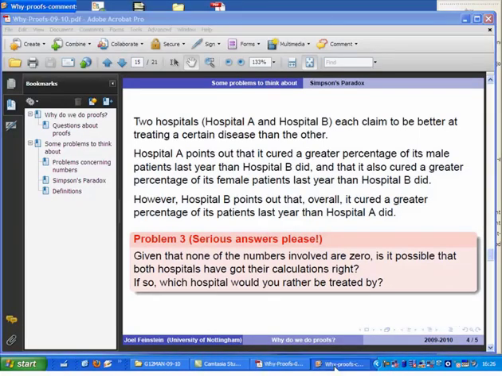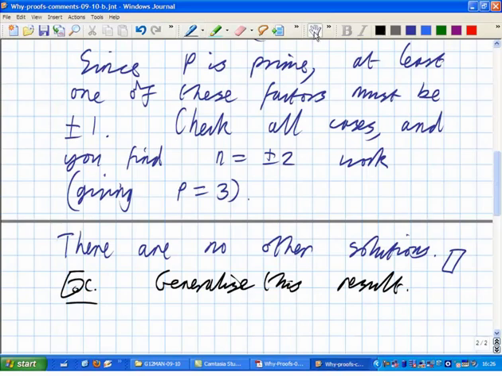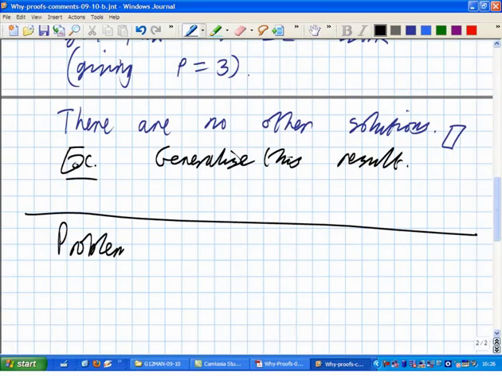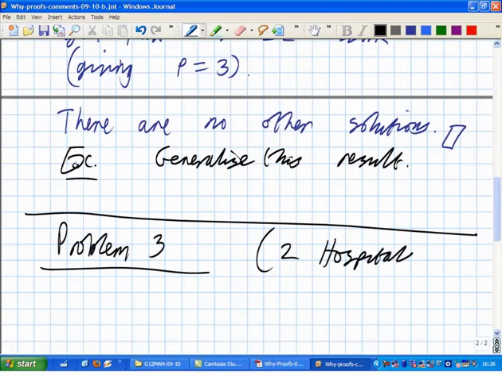So now you've had a little while to think about that one. Let's see what people come up with. So, the problem of two hospitals. Let me start by, again, promising not to pick on anyone.